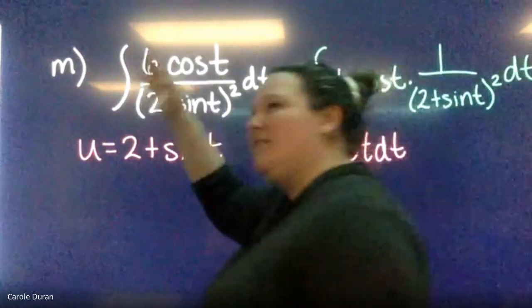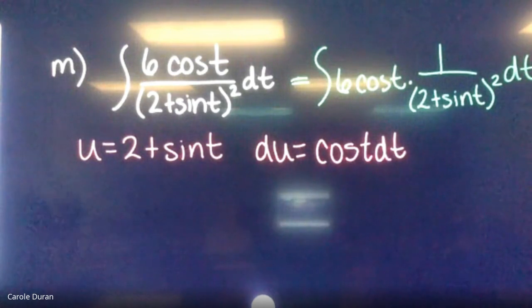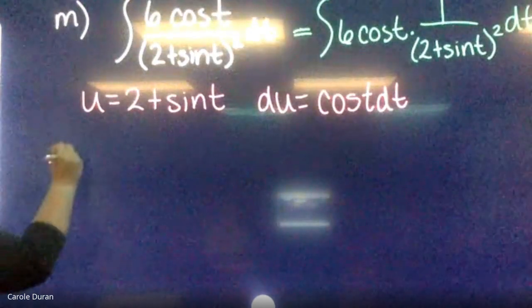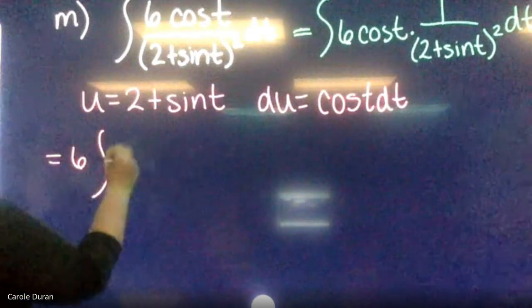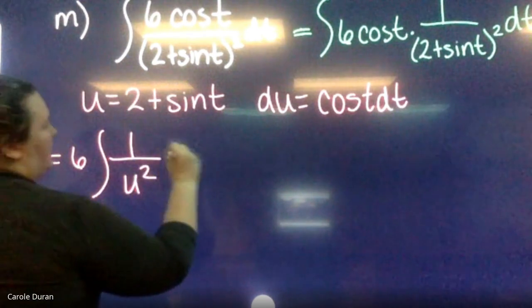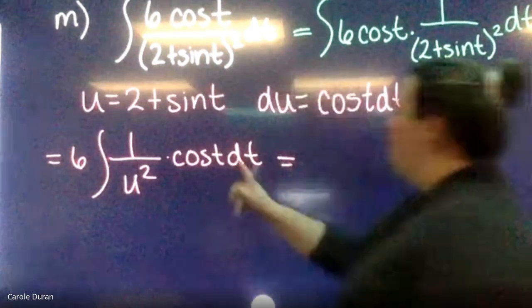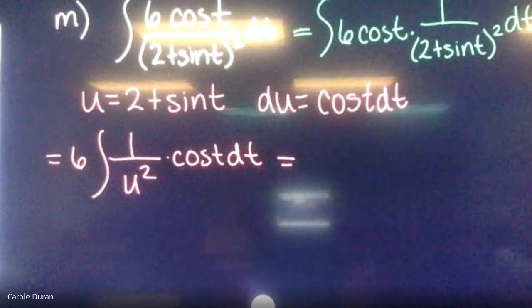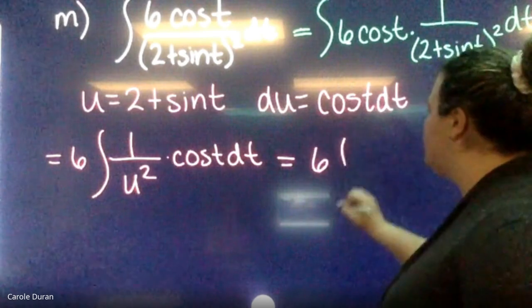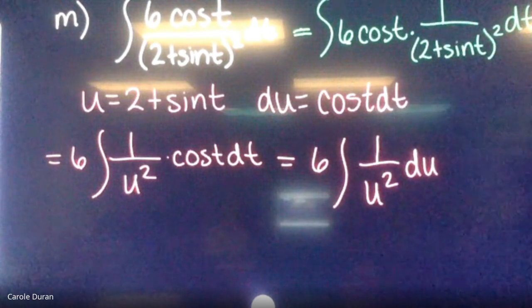I need that cosine of t to go with the dt. It has no 6, so I can pull that 6 out front since it is a constant. So this is the same as 6 times the integral of 1 over u squared times cosine of t dt. That matches what my du is, so I can replace that with du, and it becomes 6 times the integral of 1 over u squared du.